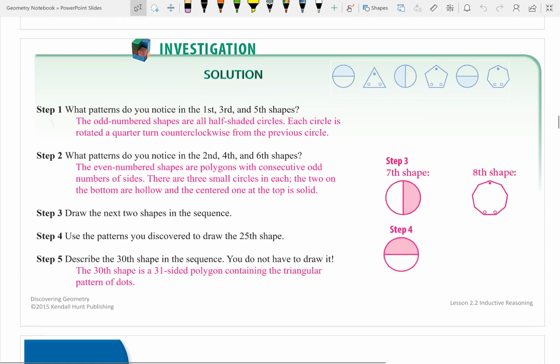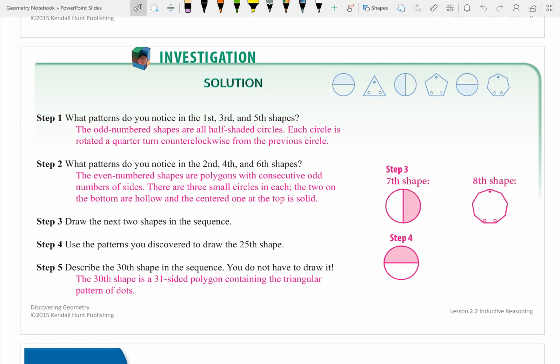Okay. The odd-numbered shapes are all half-shaded circles. Each circle is rotated a quarter turn counterclockwise from the previous circle. The even-numbered shapes are polygons with consecutive odd numbers of sides. There are 3 small circles in each.